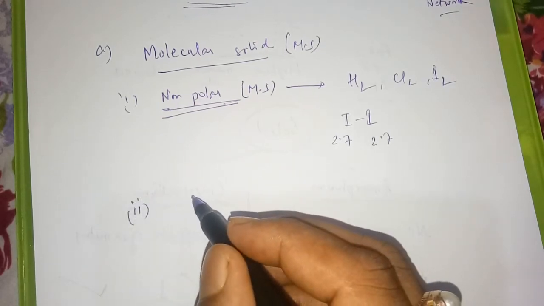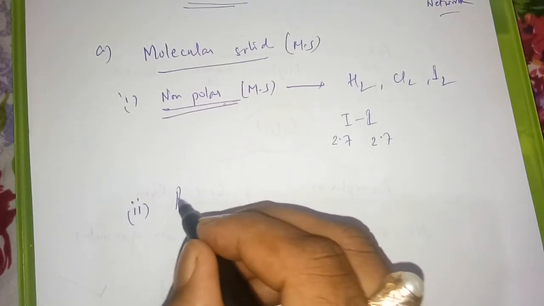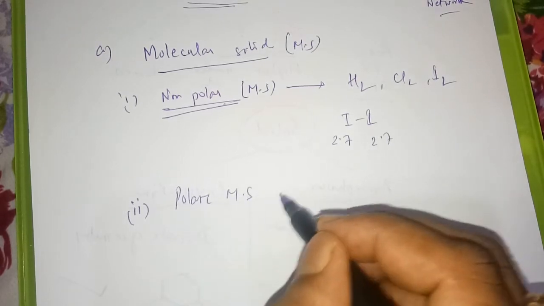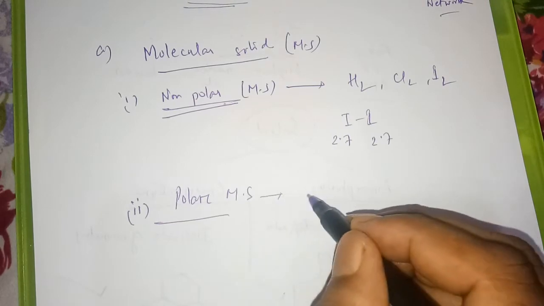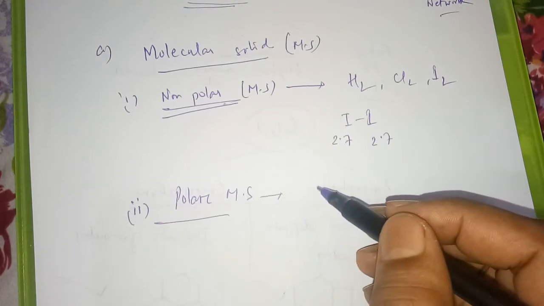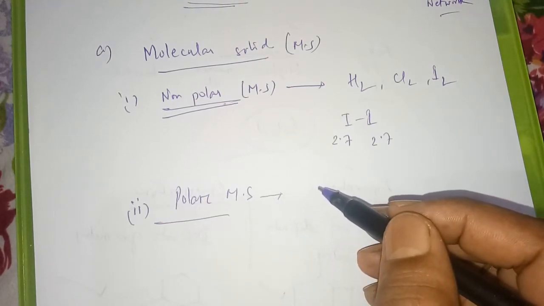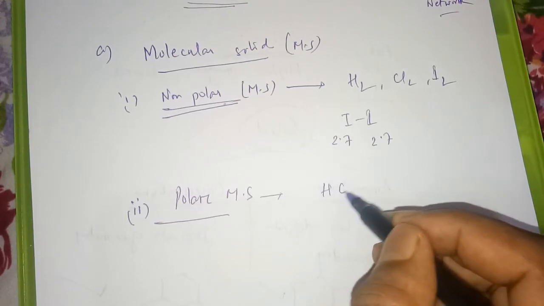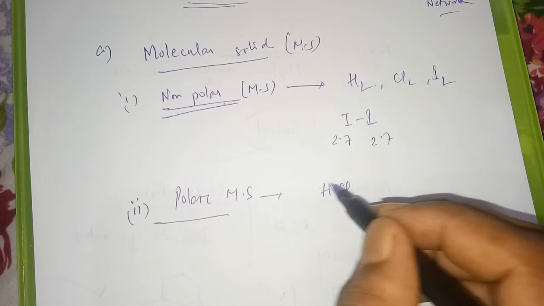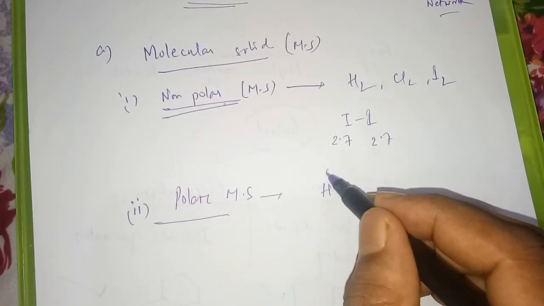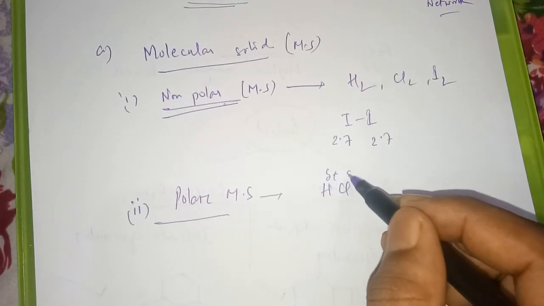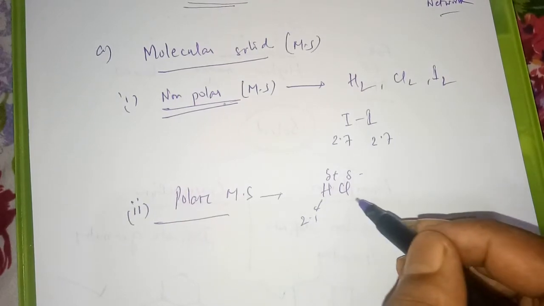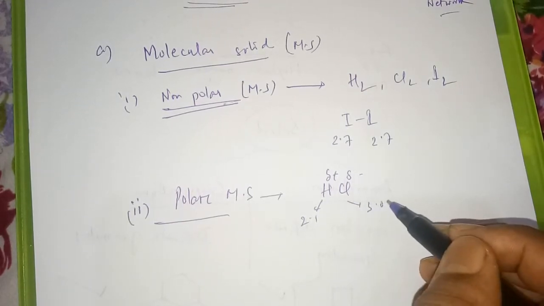So second one, polar molecular solid. In that one, definitely there is some pole in it. For example HCl. HCl means H positive, Cl negative. Why is this so? Because H is 2.1, Cl is 3.0.